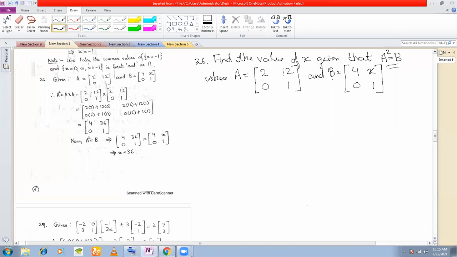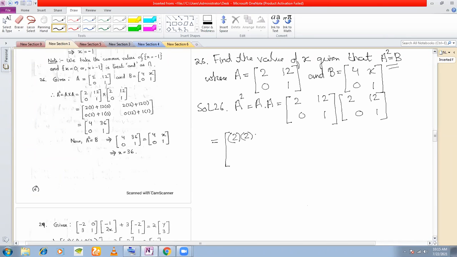Now this is very similar to the last problem, except that we have A square is equal to B here. In the last problem, we had A square is equal to a null matrix. So first thing is we calculate A square. First row, first column. Next, first row, second column.